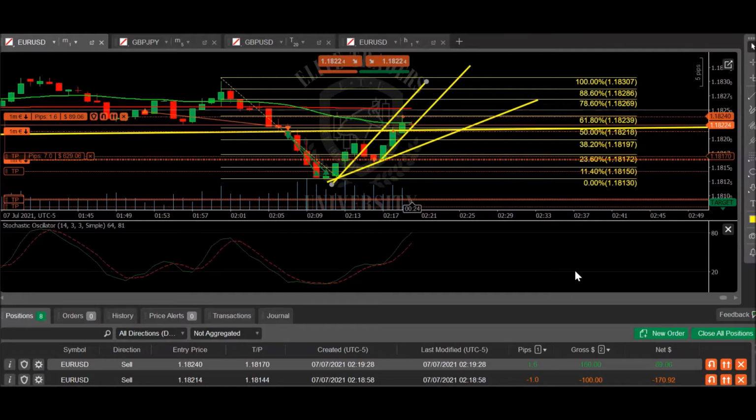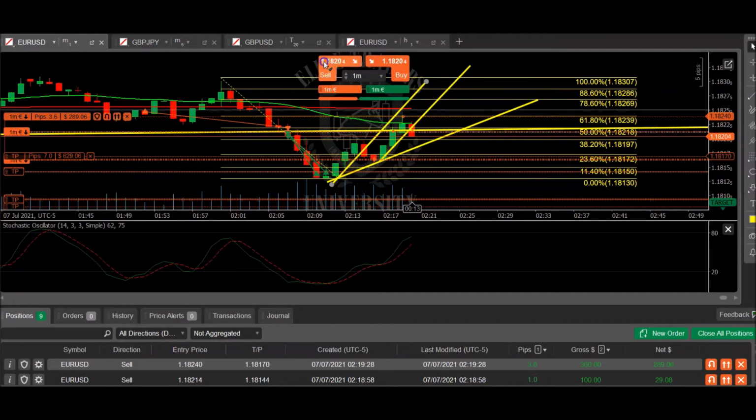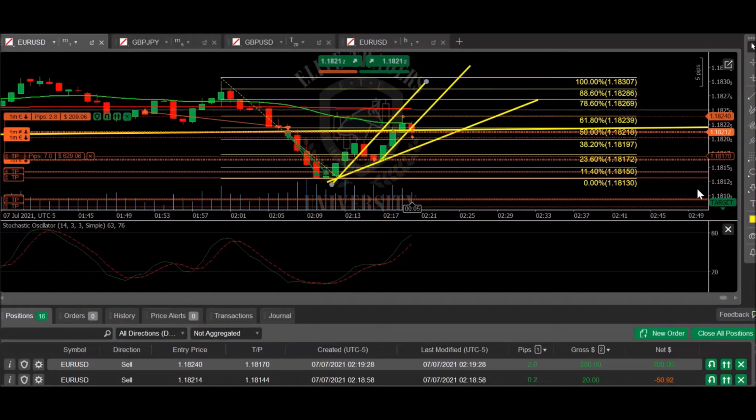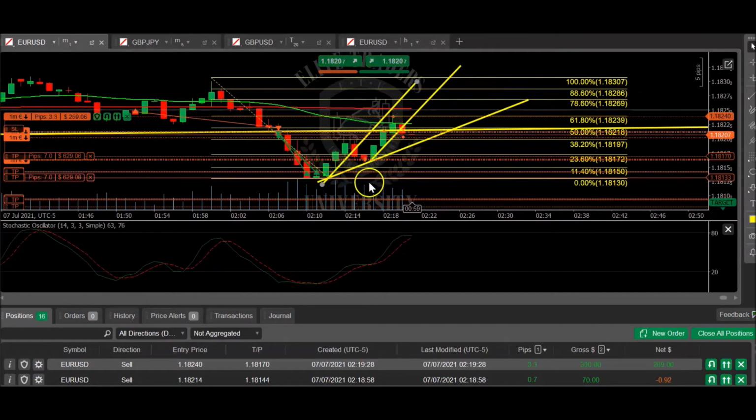We're at 118.22, 118.21, and we just might get them in there. And we should see a collapse in price and a return back to at least the 118.13 area.